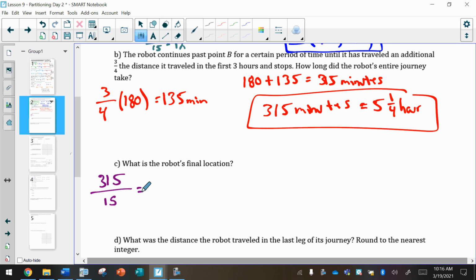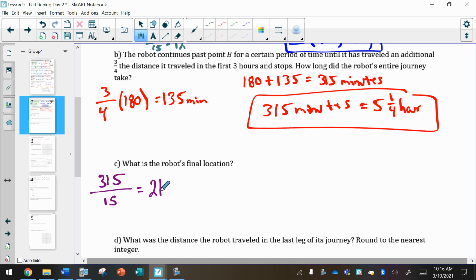So that means if I figure out how many 15-minute time intervals it took, I can easily figure out where it stopped. So 315 divided by 15 is 21. So that means this robot underwent 21 15-minute time intervals from beginning to end.